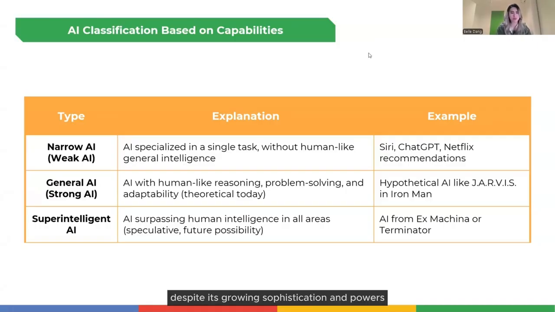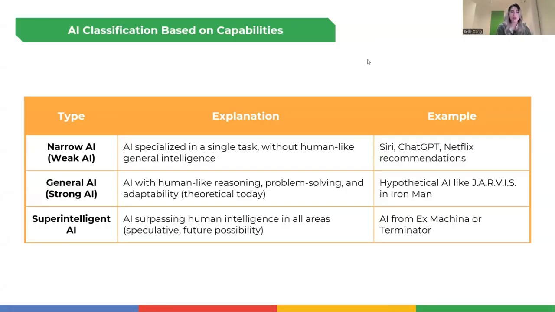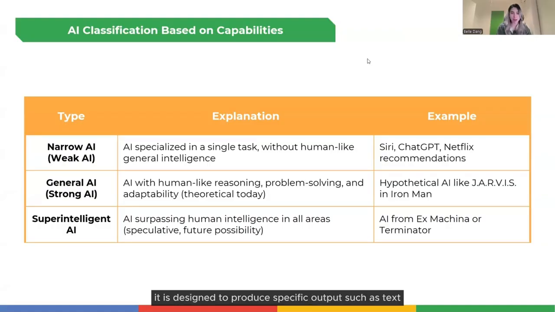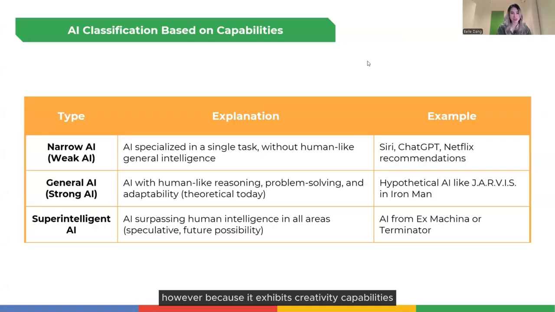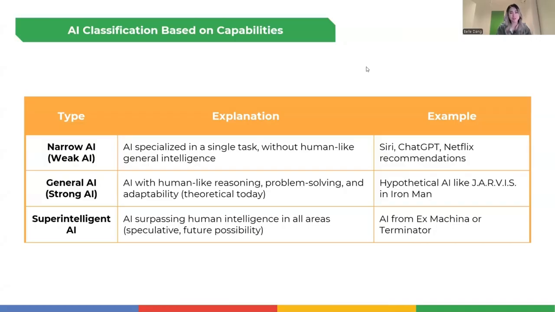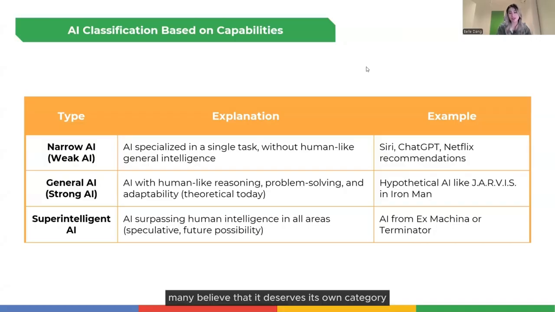Despite its growing sophistication and power, it is designed to produce specific output, such as text, images, or audio, rather than demonstrate general intelligence across multiple domains. However, because it exhibits creative capabilities and people are using it for different unintended purposes, like original design, many believe that it deserves its own category within the overall AI landscape. That is still the debate.